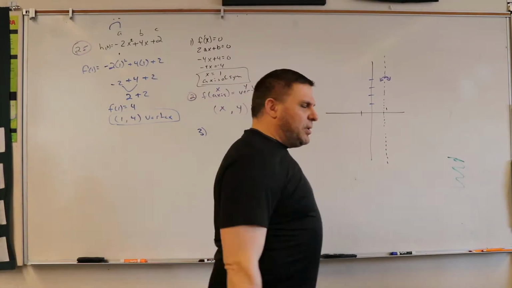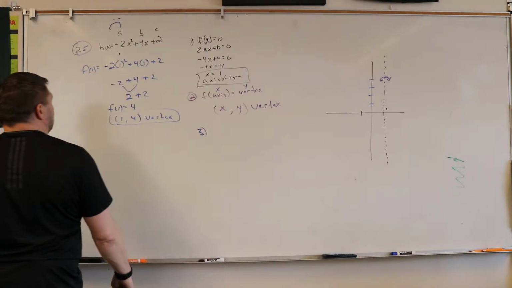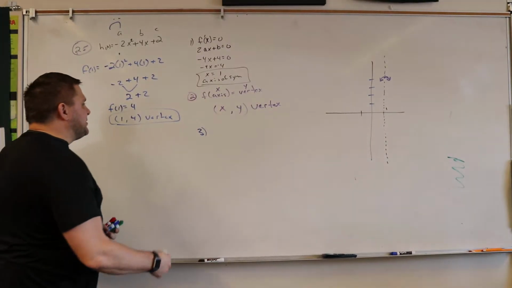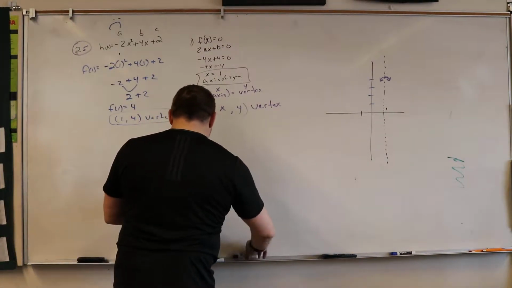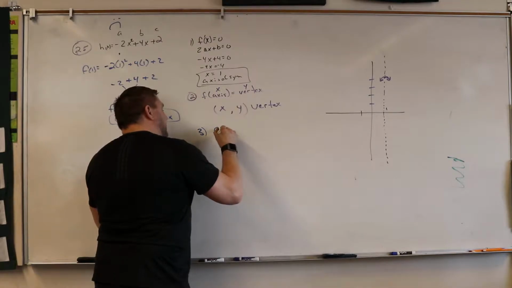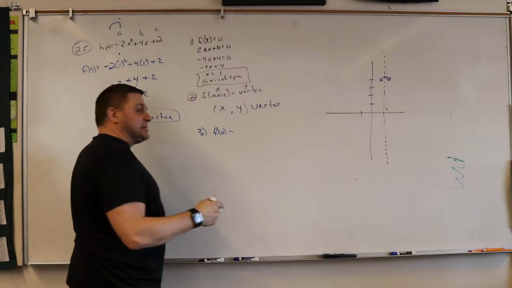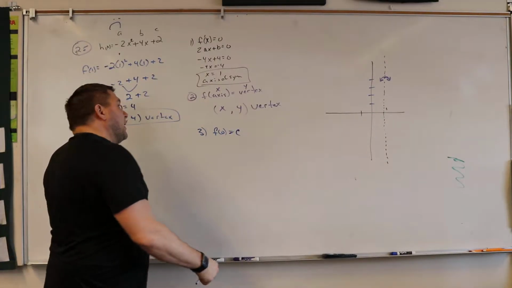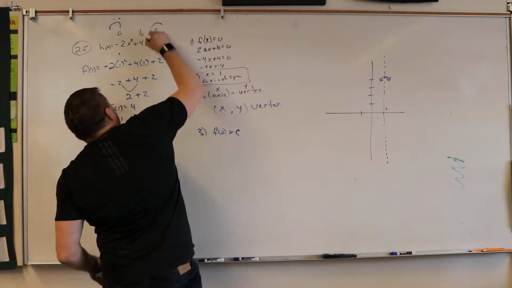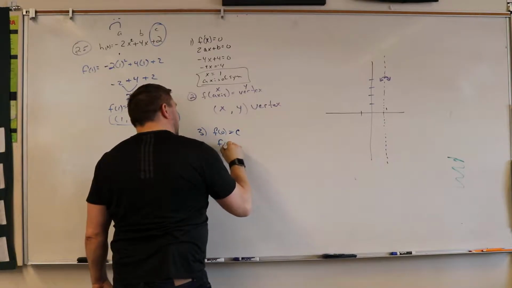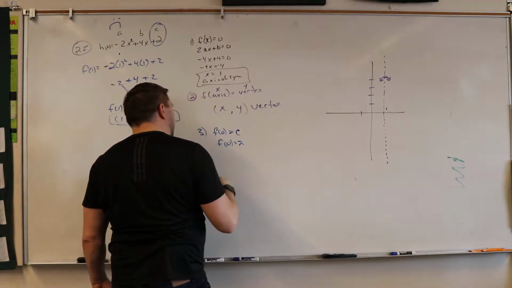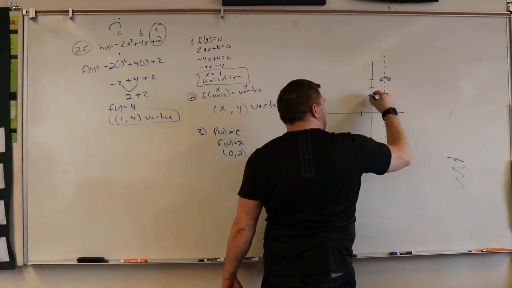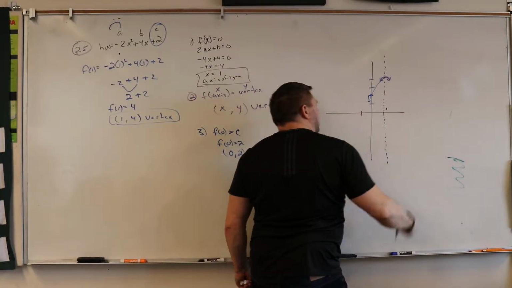But before we cross the x, let's find where it crosses the y. How do we know that? Because f of 0 is where it crosses the y-axis. F of 0 is always c. So in this case, f of 0 is 2. So 0, 2 is our other point. It's right here.